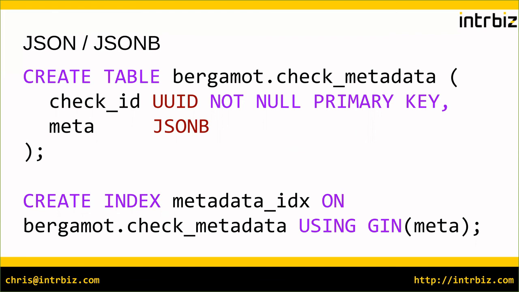That index uses a method called GIN, and that's not just because I like drinking gin. GIN is a different index type in Postgres. Postgres supports more than just B-tree indexes. GIN is used for lossy data where there can be multiple keys that point to rows.